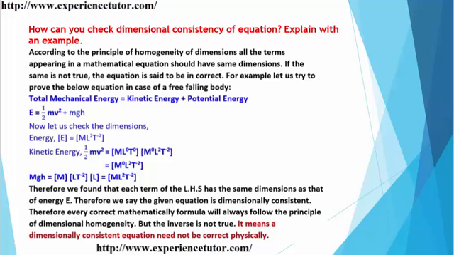Therefore, we found that each term of the RHS has the same dimension as energy. Therefore, we can say that the given equation is dimensionally consistent. Every correct mathematical formula will always follow the principle of dimensional homogeneity, but the inverse is not true. It means a dimensionally consistent equation need not be correct physically.